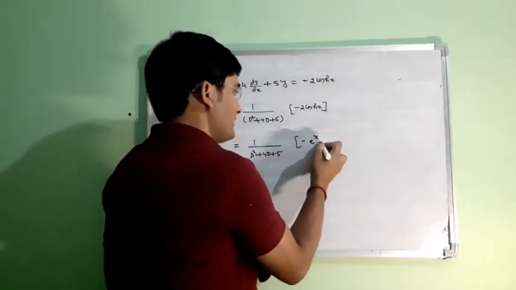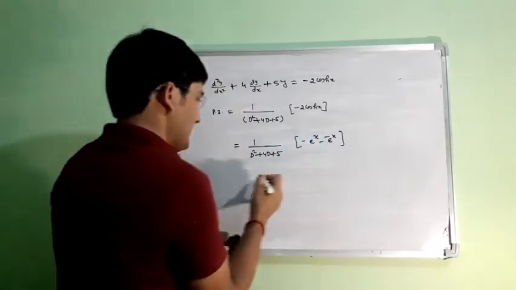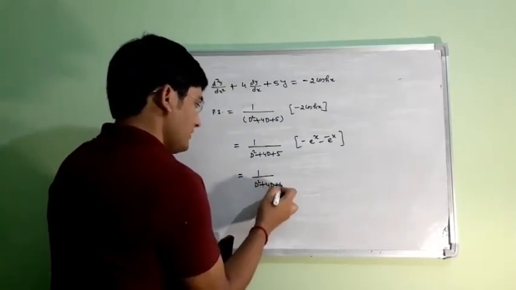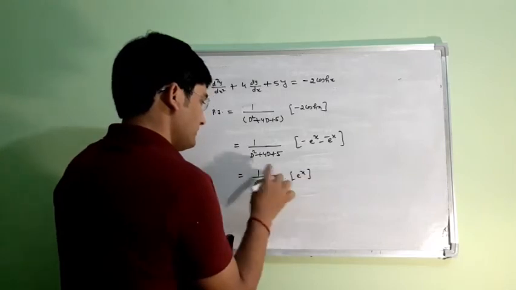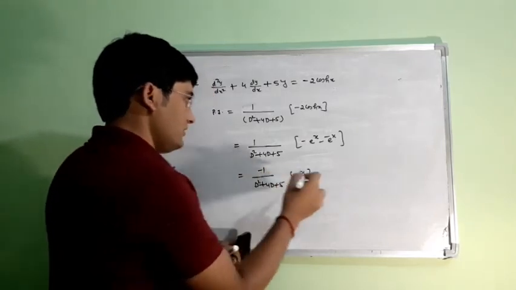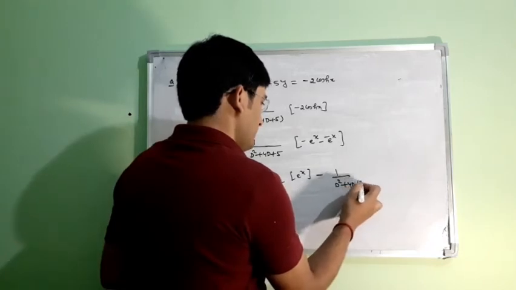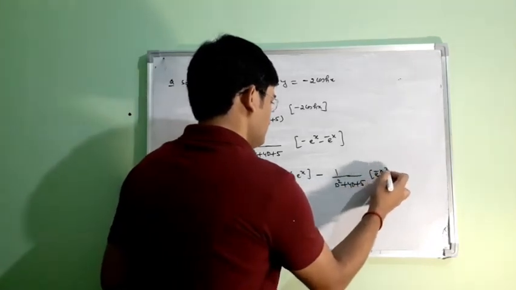As we have a minus sign, we will have this term, and this is equal to minus 1 upon (D square plus 4D plus 5) of e to power x, and then 1 upon (D square plus 4D plus 5) of e to power minus x.